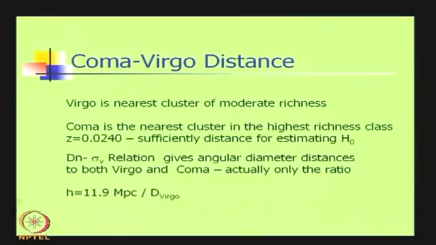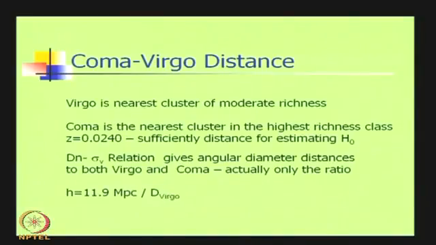And if you use this, then the value of small h, which is the Hubble parameter in 100 kilometers per second per megaparsec, turns out to be 11.9 megaparsec by d Virgo. So, the distance to Virgo is unknown, because this method only gives us the ratio of the distances.